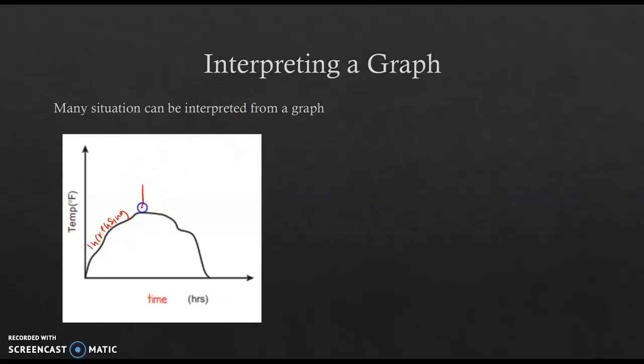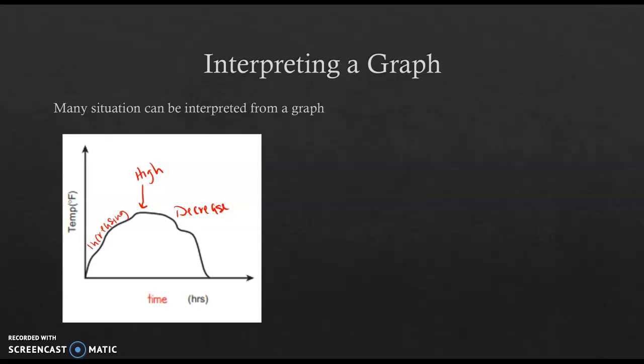At about this point right here, we've reached our high for the day. And then we start at first a slow decrease, but then some points go faster than others. But we do start to decrease in temperature after that high point.